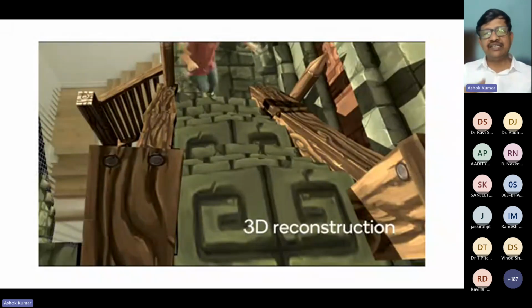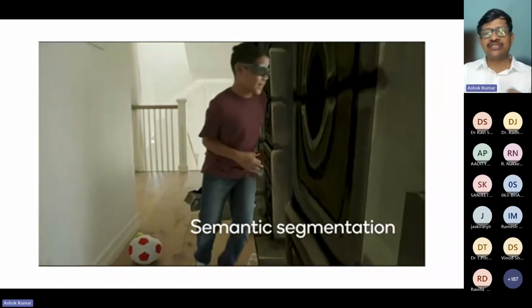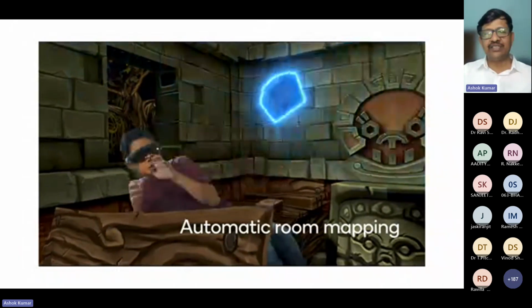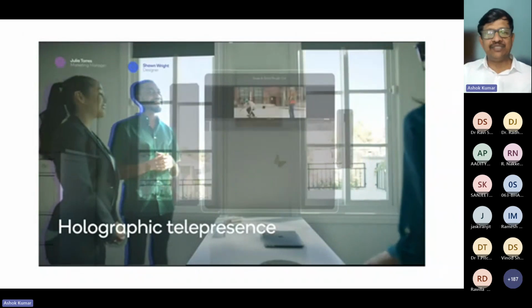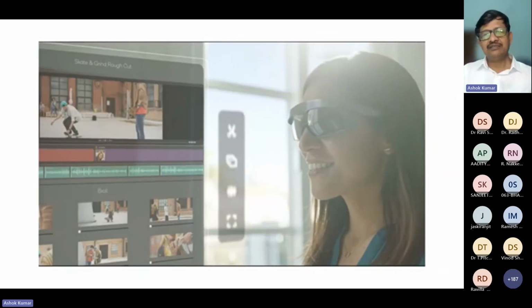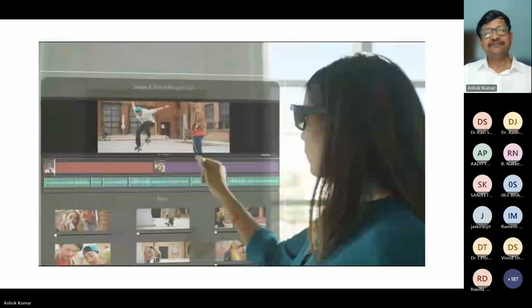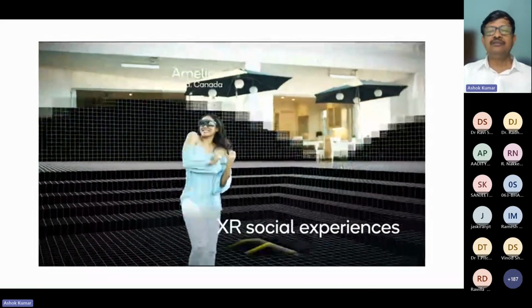So his house is created for him like a fort. And when he's crossing something, it looks like some hurdle. His bed has been converted into some fort environment. Another example of telepresence, holographic telepresence coming on a 5G network. That social experience I talked about.